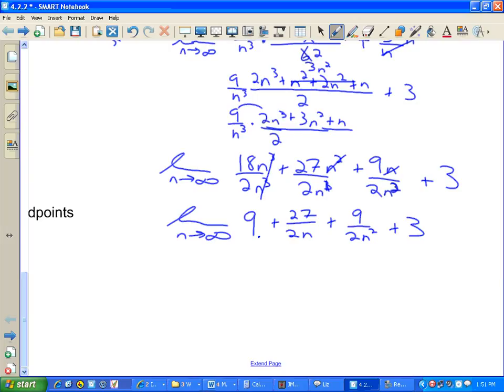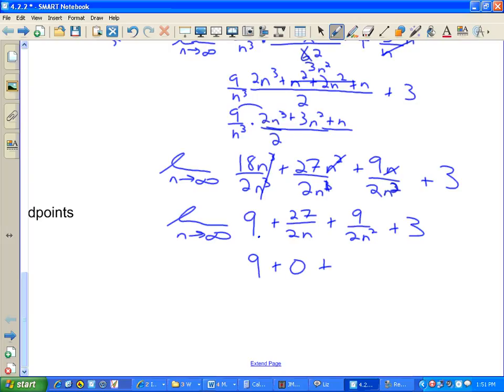So remember, when I'm taking the limit of a sum, I'm taking the limit of each piece. Okay? So this piece, the 9, as n goes to infinity, there's no n here, so that's not going to change, it's going to stay 9. Here, as n goes to infinity, I have 27 divided by a massive number. So if I take 27 divided by some huge, huge number, it's getting closer and closer to 0. In fact, the limit as we approach infinity is 0.